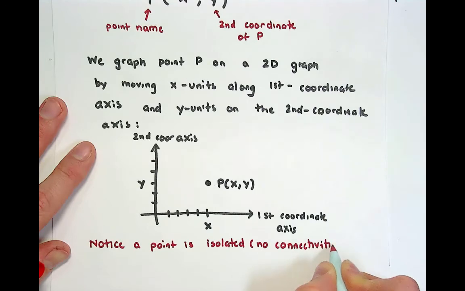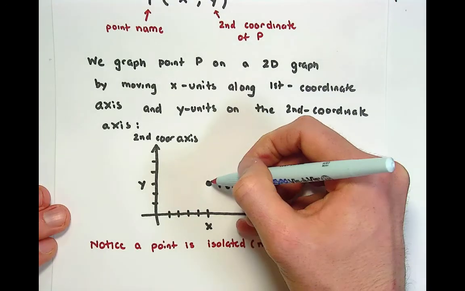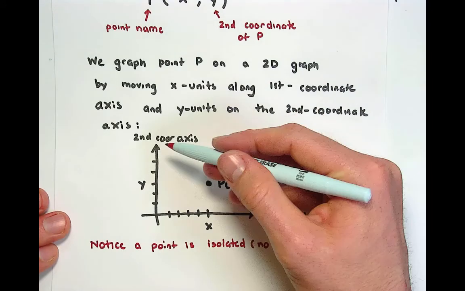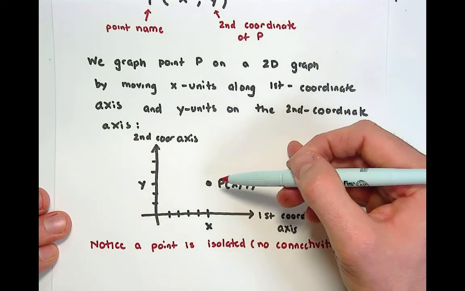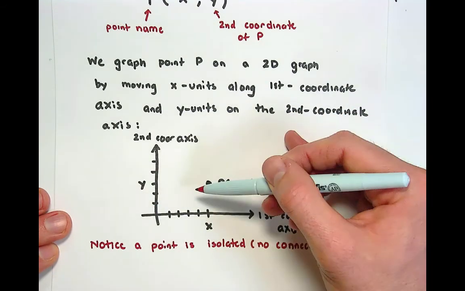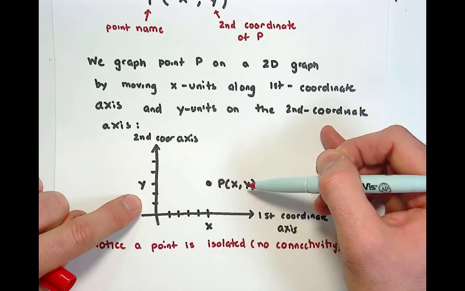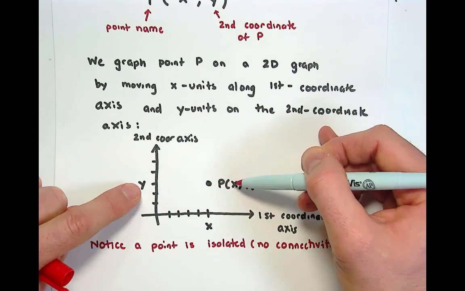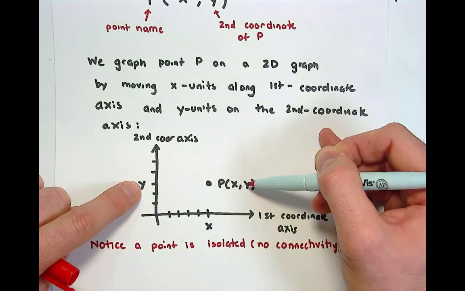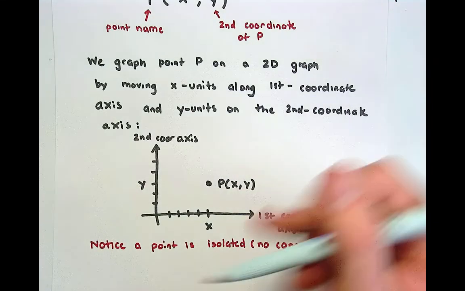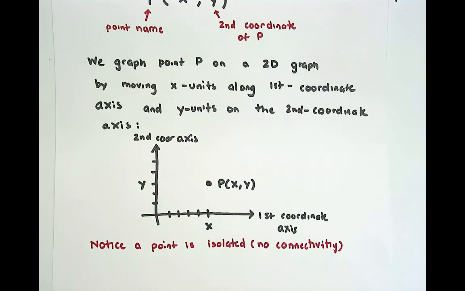All a point is, is a single dot in the first and second coordinate axis plane. There's no lines connecting these dots. It's just a dot where the x value of that dot represents the first coordinate value and the y value of the dot represents the second coordinate value. In the next video, we're going to start talking about vectors, and we'll see that in vectors we have connectivity.